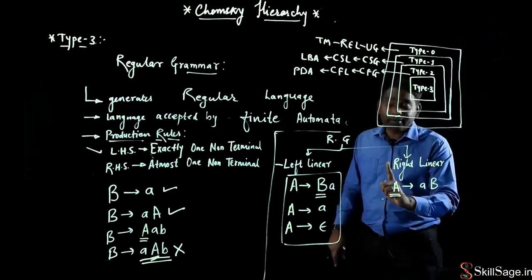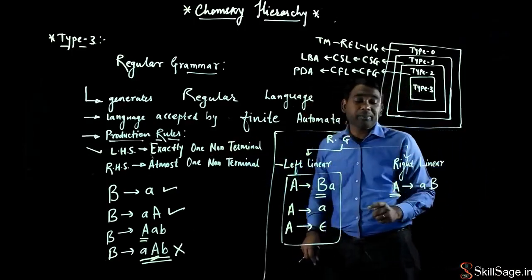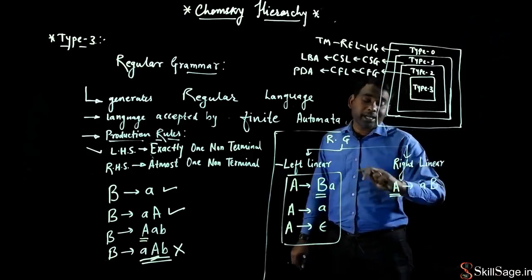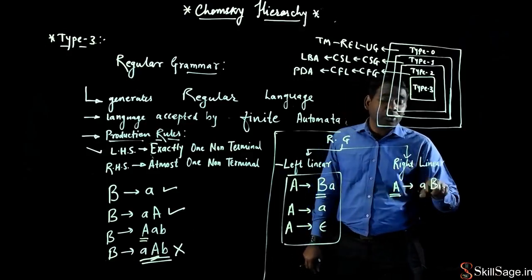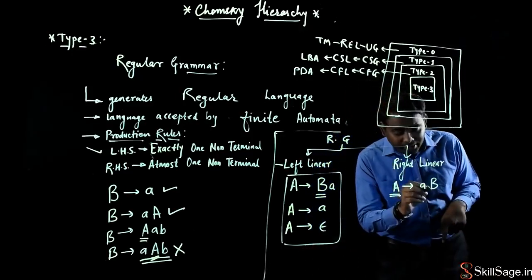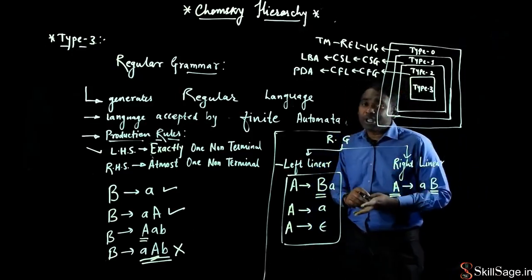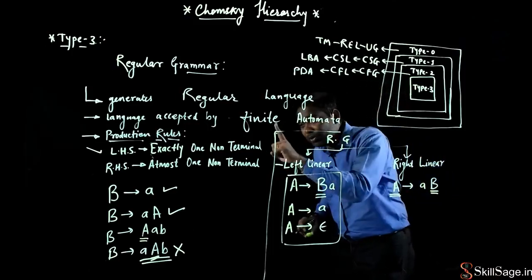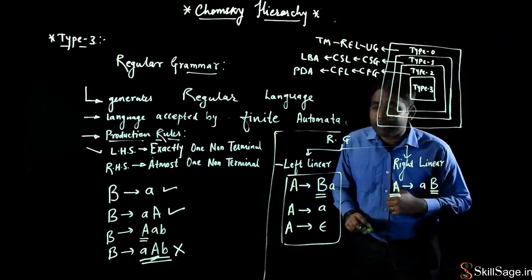Only one, that is, exactly one non-terminal symbol has to be present on the left hand side of the production rule. That is accepted. What about the right hand side? Yes, definitely one non-terminal symbol is present, and at most one is allowed. It also satisfies this property.